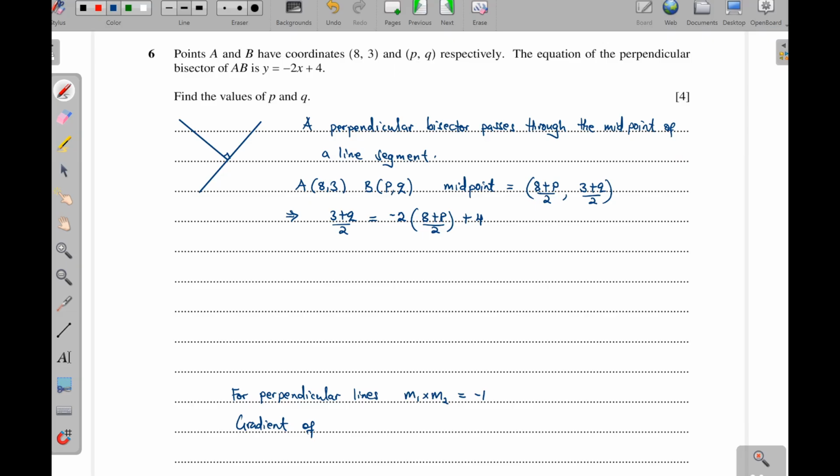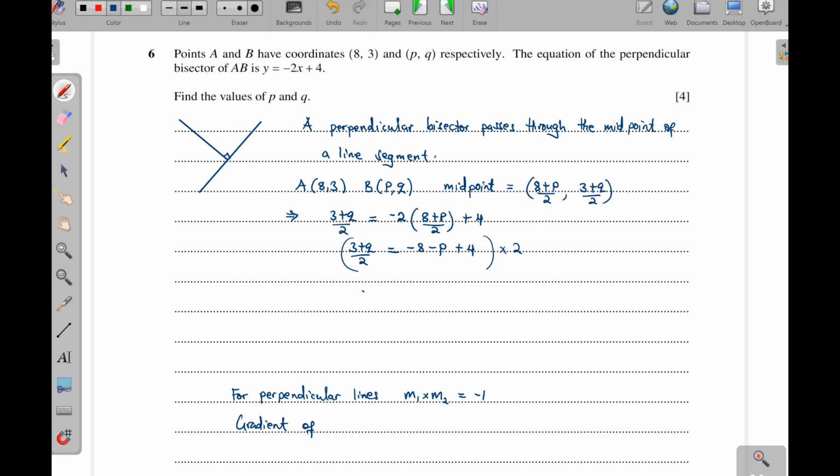This 2 will cancel with this one, then I will have negative 8 minus p plus the 4. Then I can multiply everywhere by 2 to eliminate this denominator.